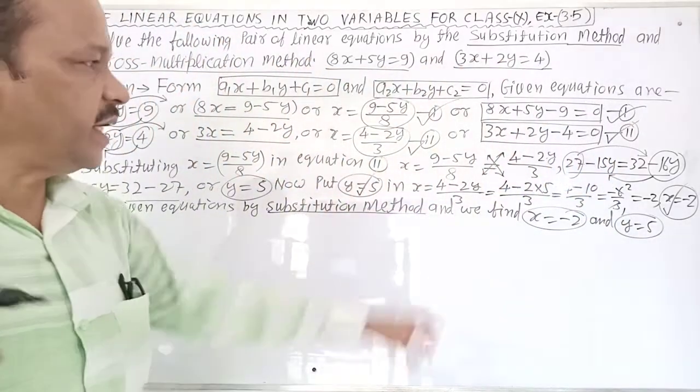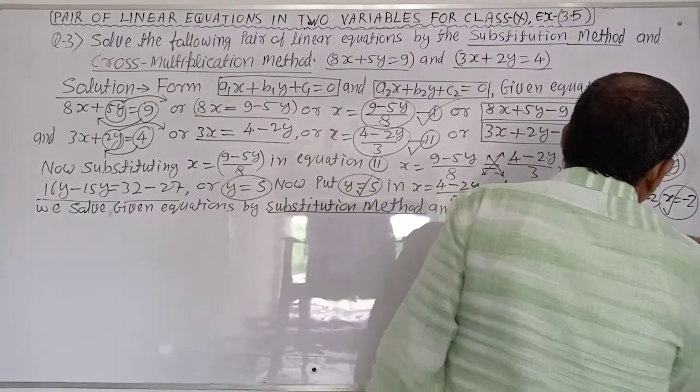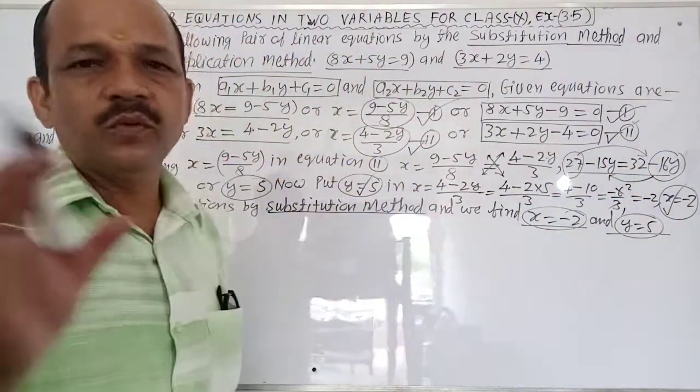Clear? No confusion about it. x equal to minus 2, y equal to 5.